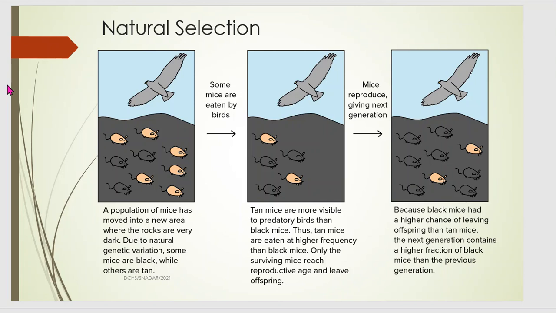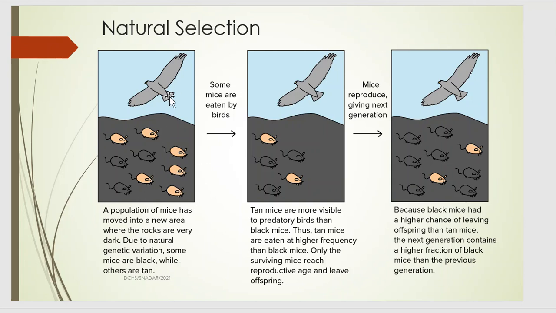I hope you remember we talked about the rock pocket mice as an example for natural selection. So here we have the same concept. A population of mice has moved into a new area where the rocks are very dark, and due to natural genetic variation, some mice are black and others are tan.